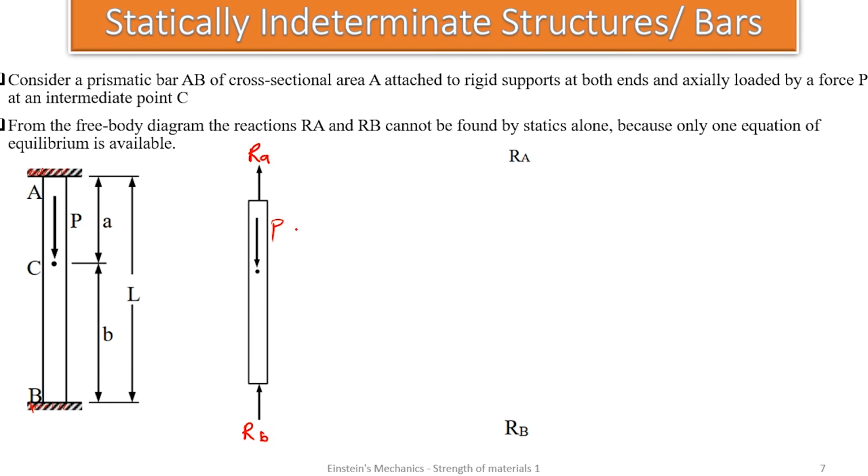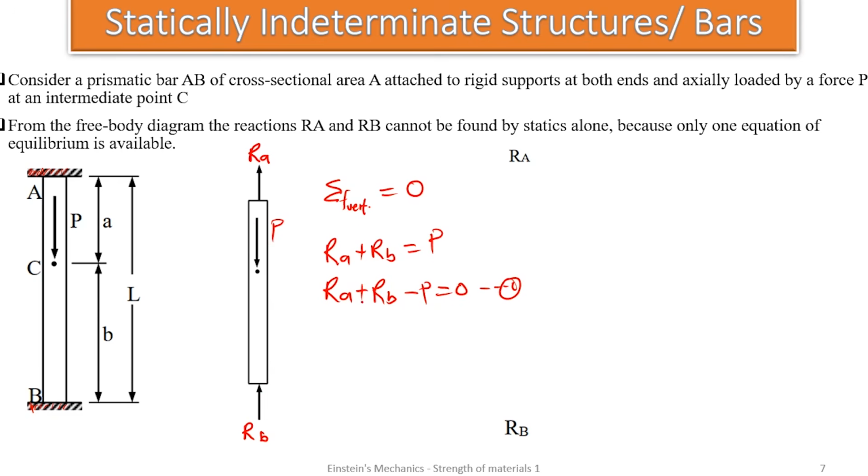From the summation of forces on the vertical, they all sum to 0. Looking at this diagram, we can say RA plus RB should be equal to P. So the summation of RA and RB gives us P. Therefore, RA plus RB minus P equals 0, as one equation.